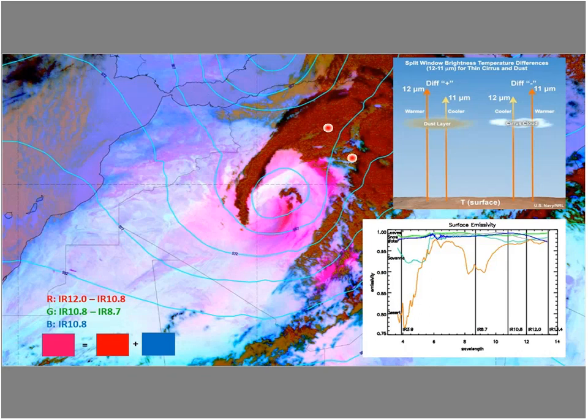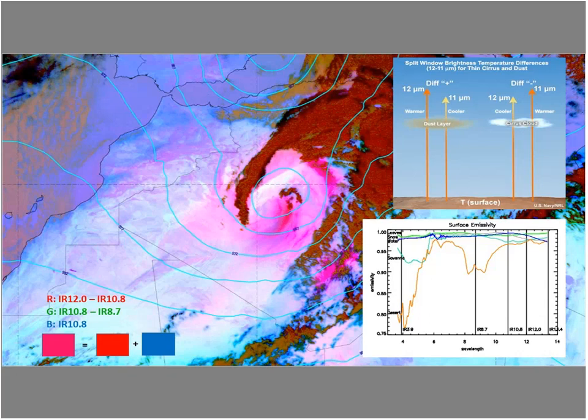The black color shows us the thin ice clouds, etc. But we will now concentrate on this magenta or pinkish clouds. So for magenta or pink, we need both red and blue colors in this RGB. As we can see, the red is this brightness temperature difference, and the blue is the 10.8 infrared channel.